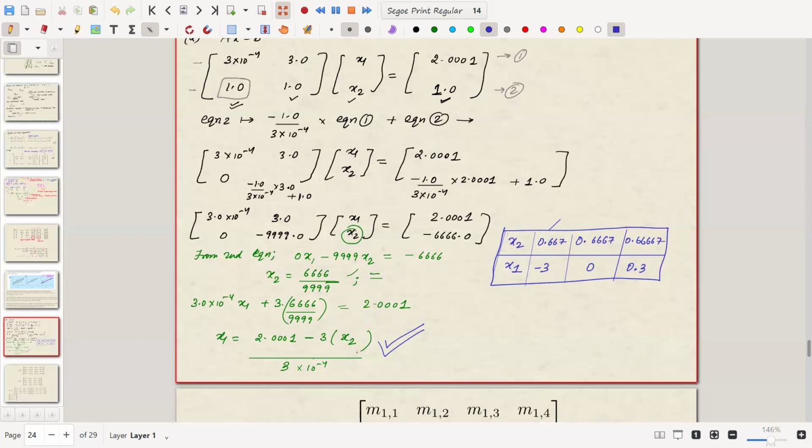Okay. So what I'm telling you is why this method is giving such outcomes, where just a tiny change in decimal places gives you a huge change in outcomes. It is mainly because your element is very small here, very tiny.